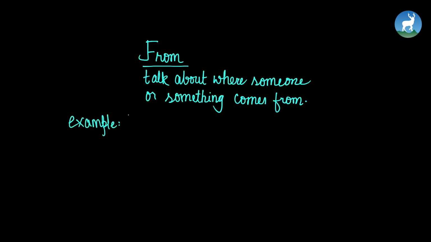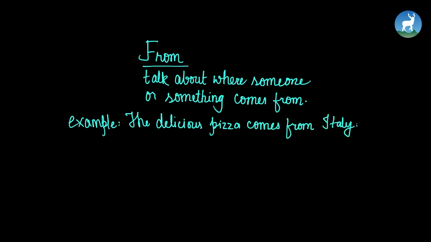Let's say the delicious pizza comes from Italy. In the previous sentence, when we had to talk about something or someone being inside or within a place, we used in. And now we are using from to describe where someone or something comes from. So the sentence is revealing that the delicious pizza comes from Italy.